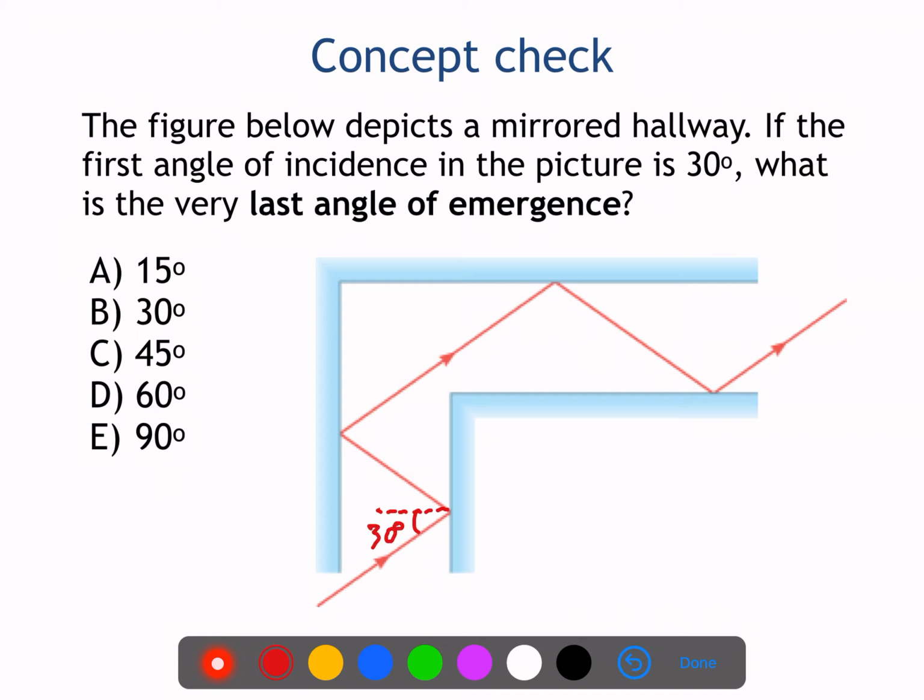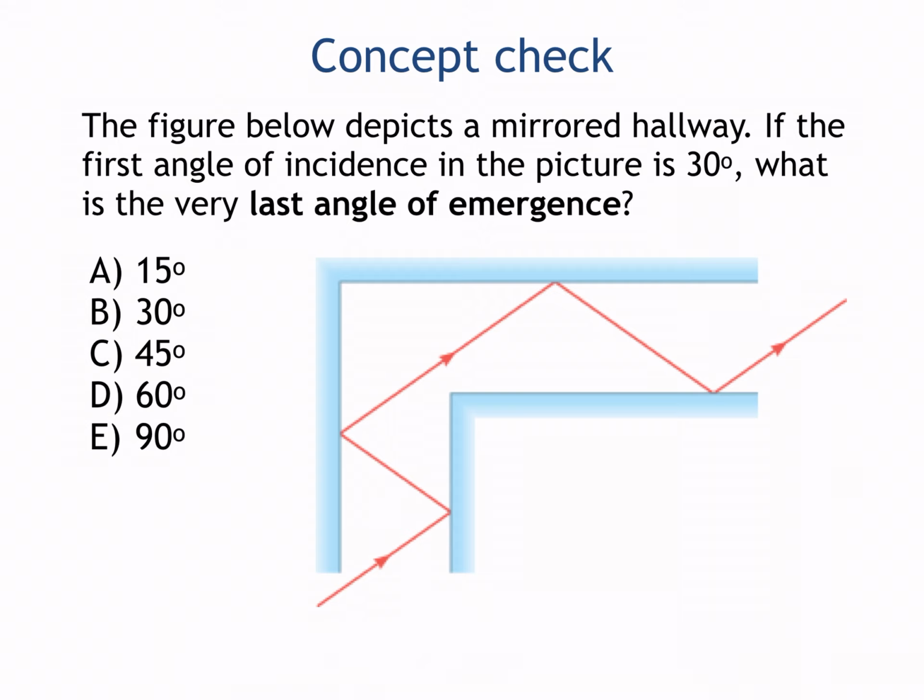And I want to know what the very last angle of emergence is. So what is this angle here? We'll call it theta final. Okay. So I'll give you a second. Go ahead and see if you can, you might want to pause the video and see if you can work out what that angle is.